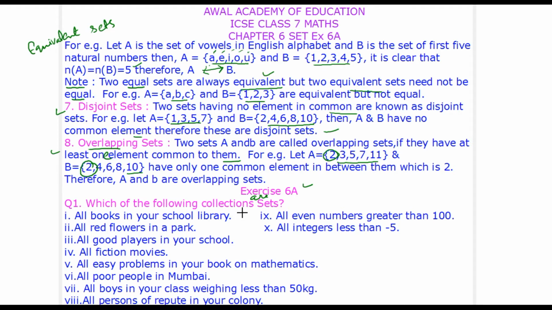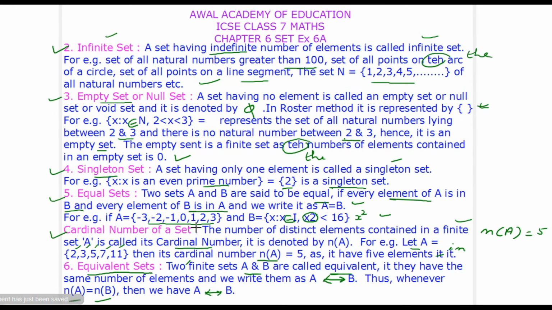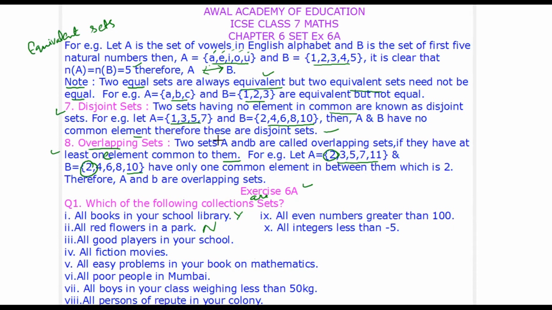Yes, set. Red flowers in a park? Yes, can be counted, no vague item in it, and they are sets. So they are sets. Yes, right.